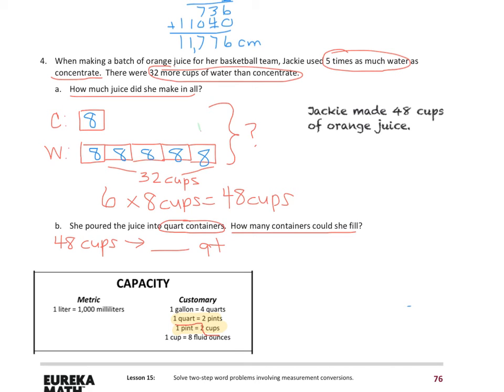So we want to figure out, 1 quart is actually how many cups? Because we know that 1 quart is 2 pints, and 1 pint equals 2 cups. So technically we're going to be adding the 2 2's together, and 1 quart is equivalent to 4 cups.